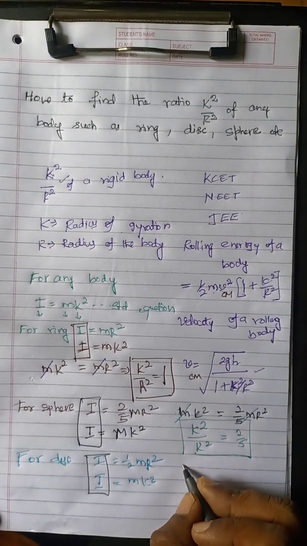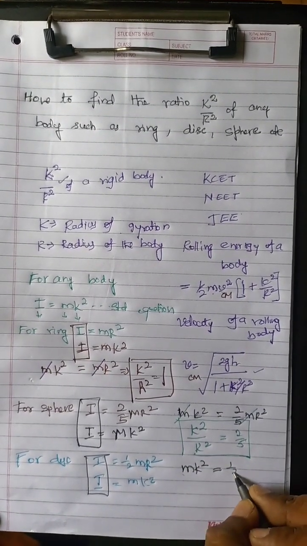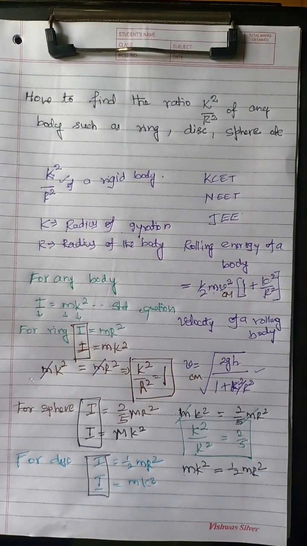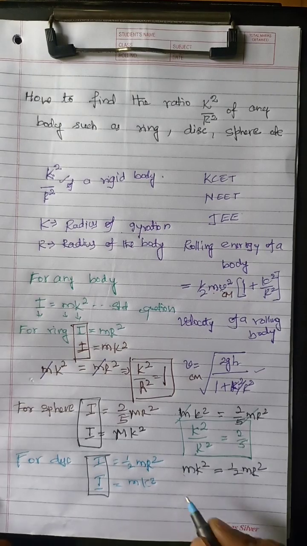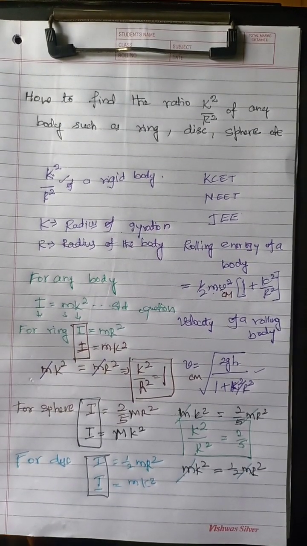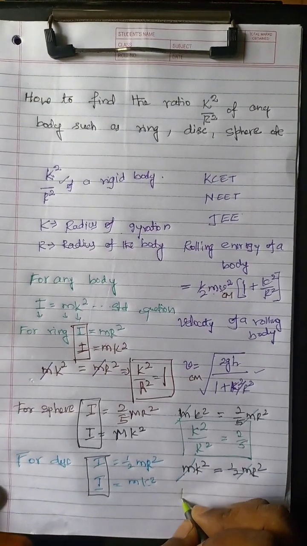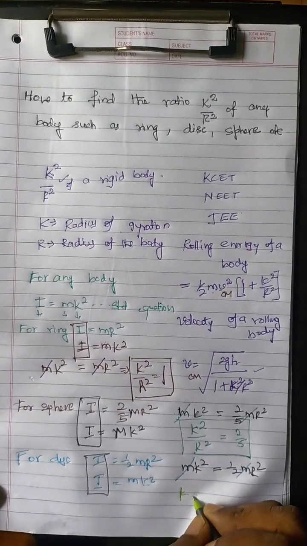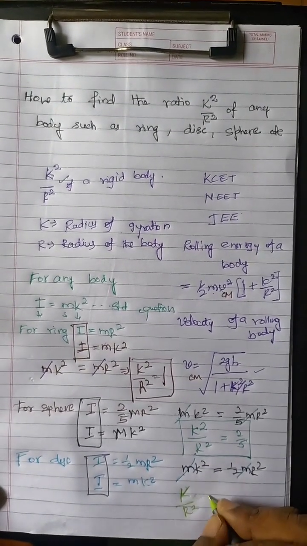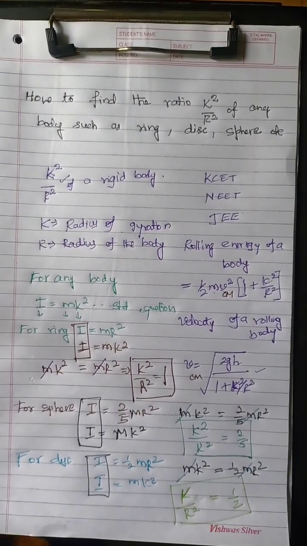Therefore mk square is equal to half of mr square. m gets cancelled, and the term k square by r square is equal to half for a disk.